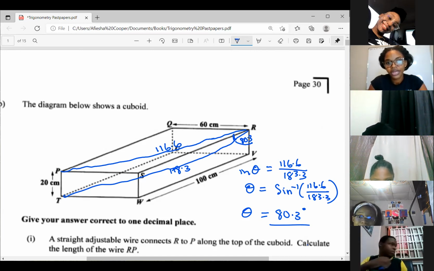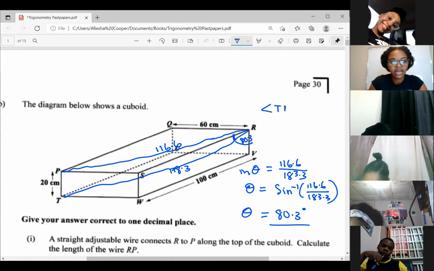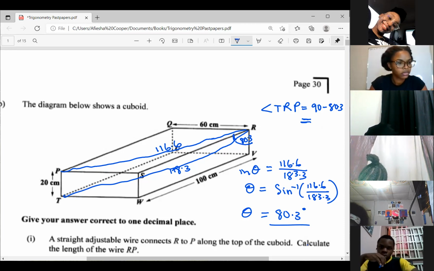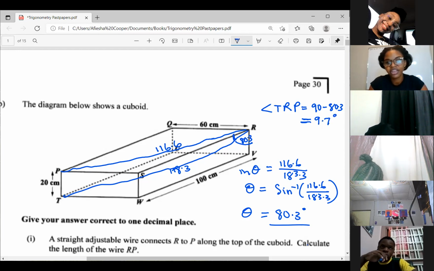So angle TRP is equal to 90 subtract 80.3. What's the answer you all got? 9.7 degrees. And you'll get the same thing, right?